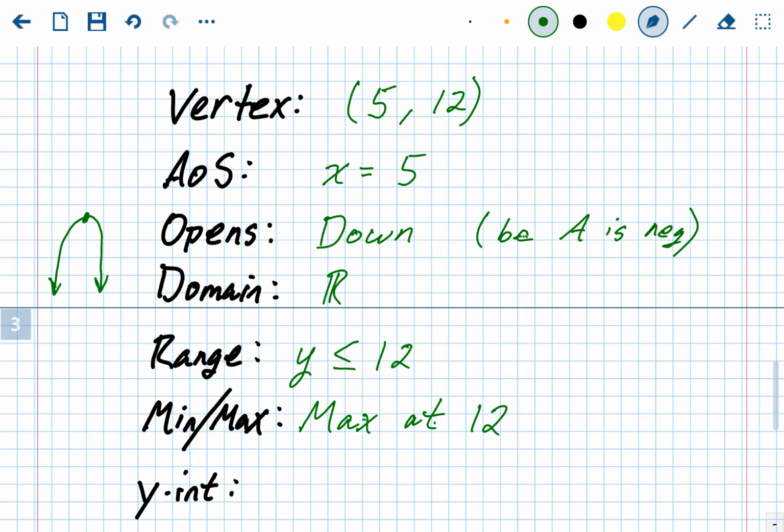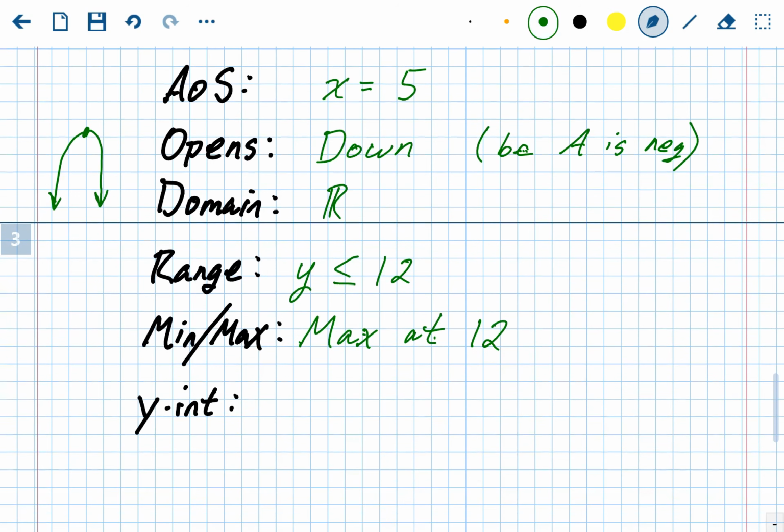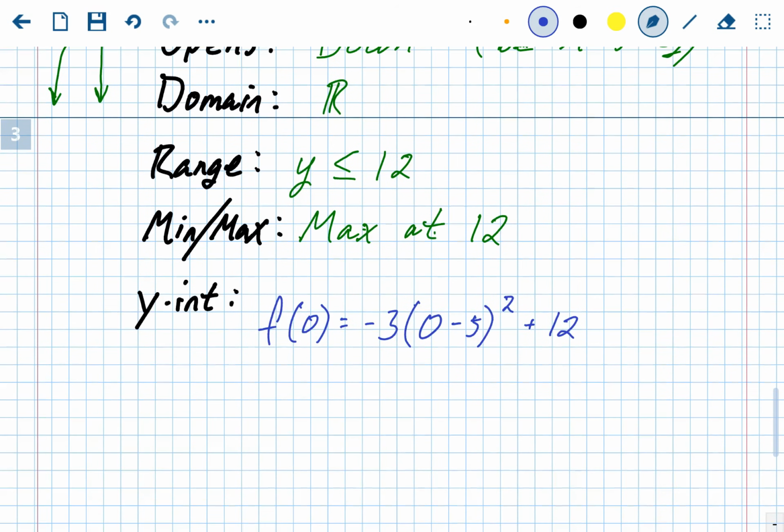And then find the y-intercept. To find the y-intercept, we always plug in 0 for x. So we're going to be finding f of 0, and that's going to be our y-intercept. So we got negative 3 times 0 minus 5 squared plus 12. And then just evaluate that. That's negative 3 times negative 5 squared plus 12.